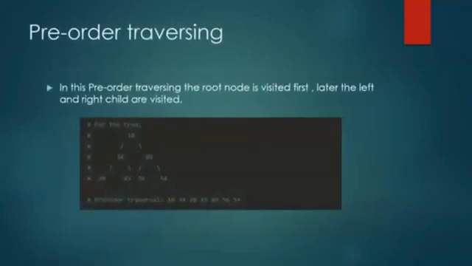In pre-order traversal, the root node is visited first. Later, the left and right children are visited. Here we can see the same tree: 10, 34, 8, 9, 20, same root. In pre-order traversal, the parent is visited first, followed by the left child and then the right child.